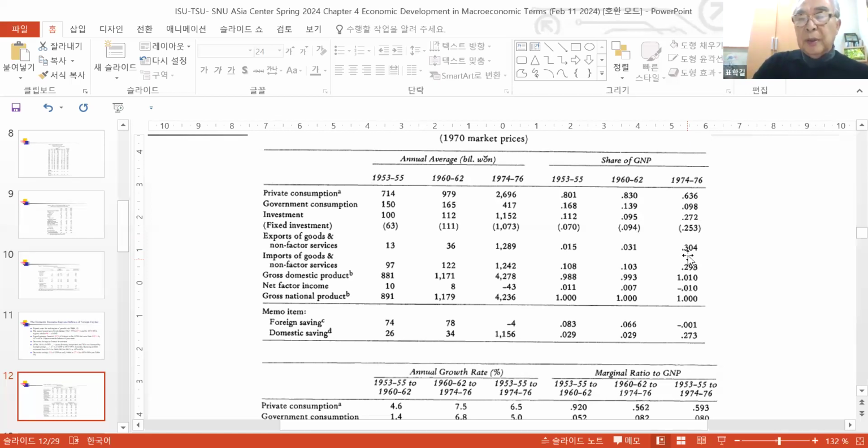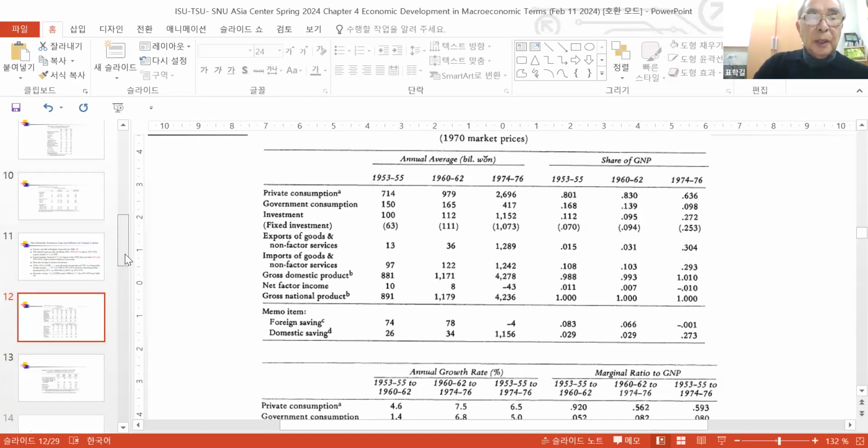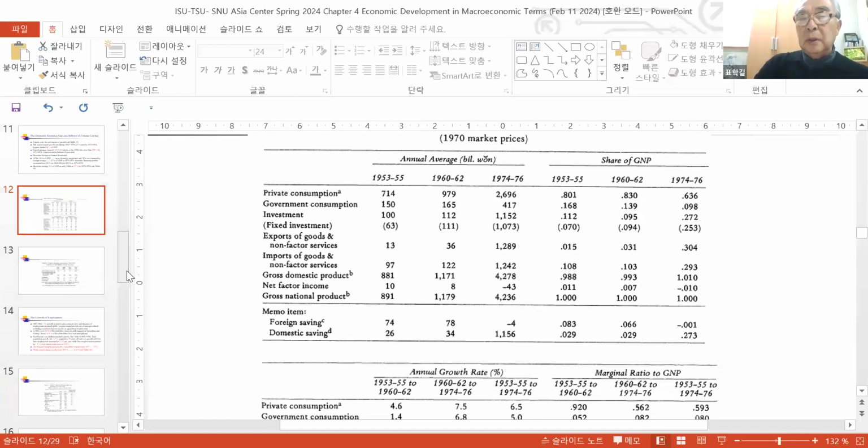Okay. This transformation is a fascinating story. It's kind of a world miracle. No country ever has done this within a 20-year time lag, with so much speed, as the manufacturing process has advanced.